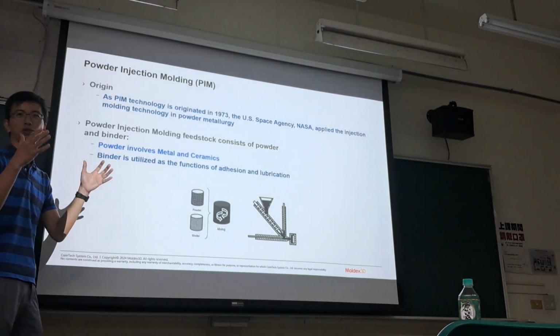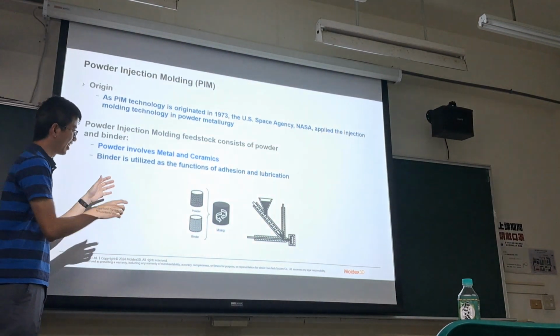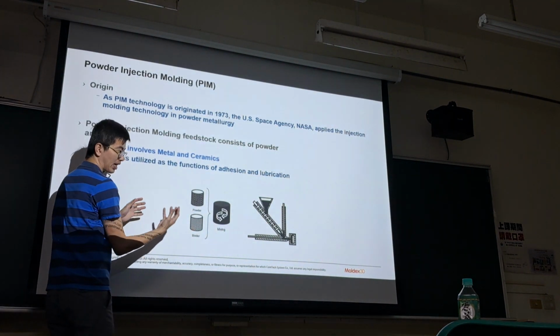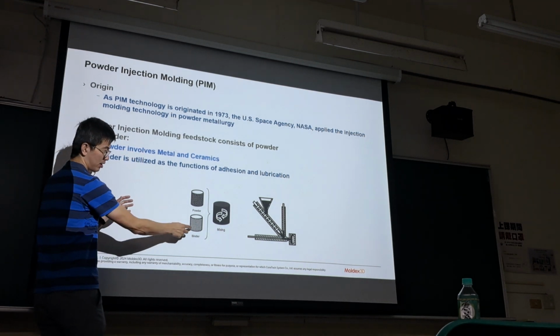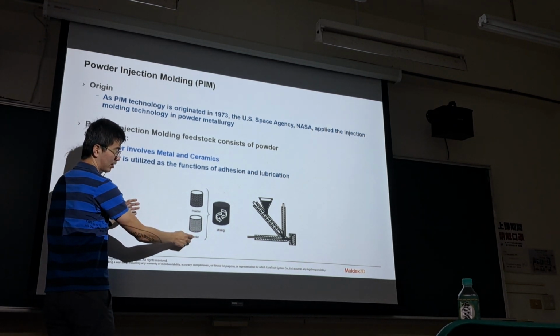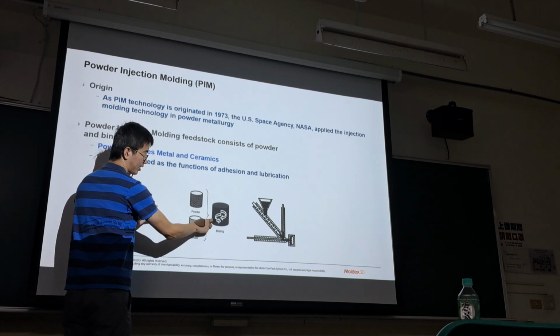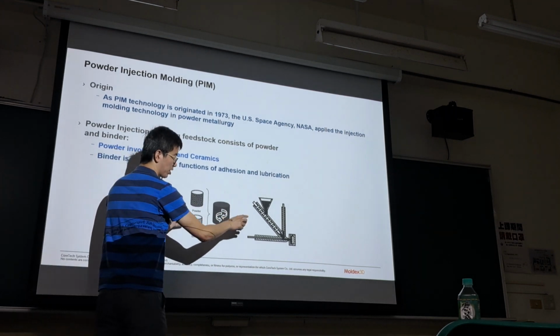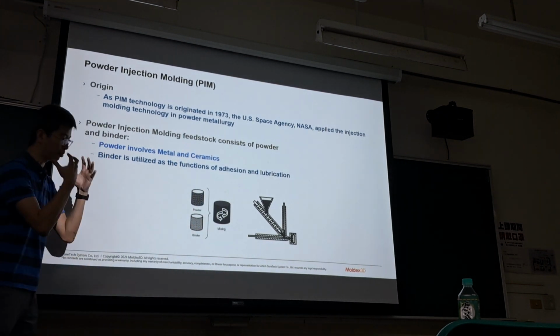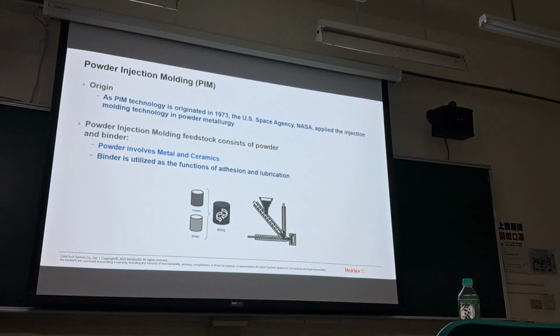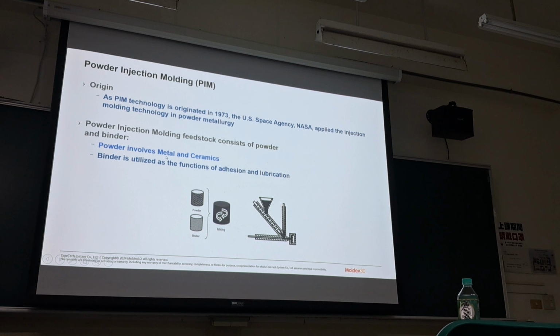I believe you are already familiar with the powder type. Then we add some polymer as a binder, and we mix together and go through injection molding to produce the part. The powder can be metal powder, and maybe you can have ceramic powder.